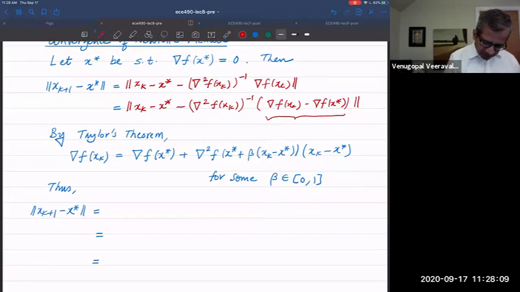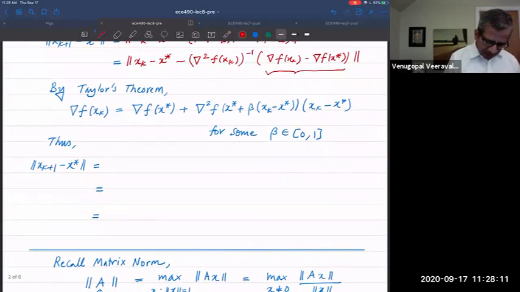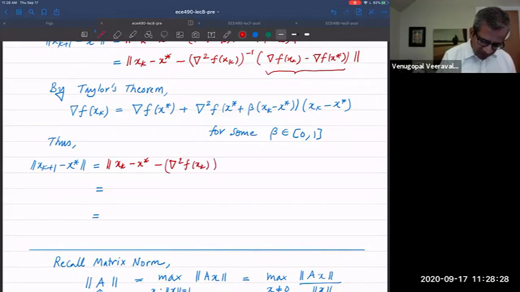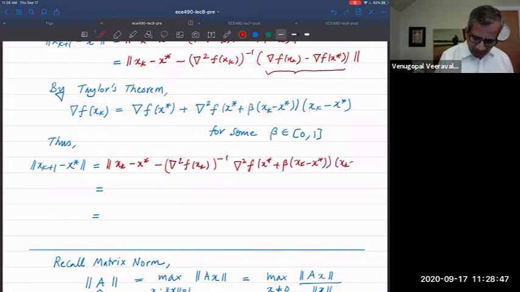We get xk minus x star minus, and I keep this part, since I can't change it with Taylor's expansion, but what's inside there is replaced by the Hessian times xk minus x star.